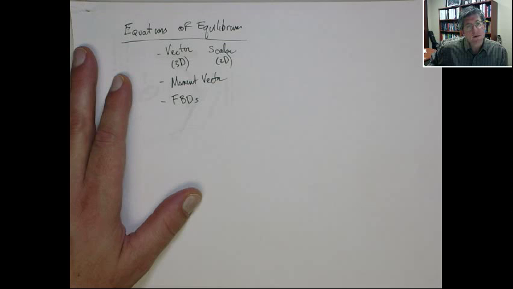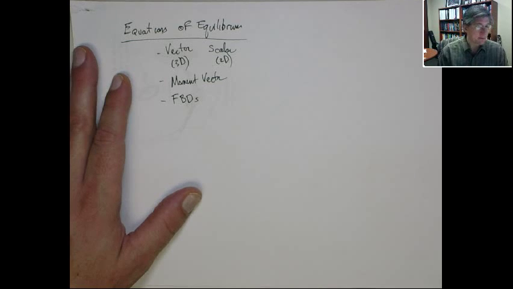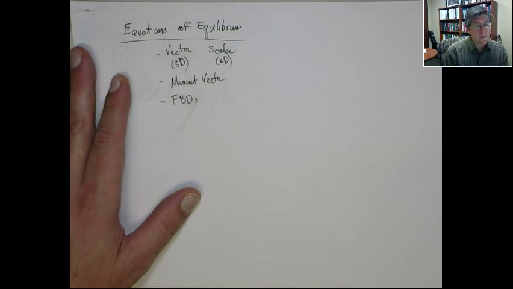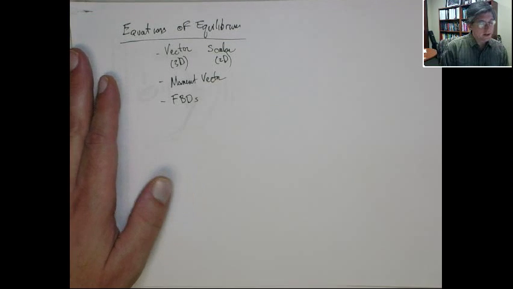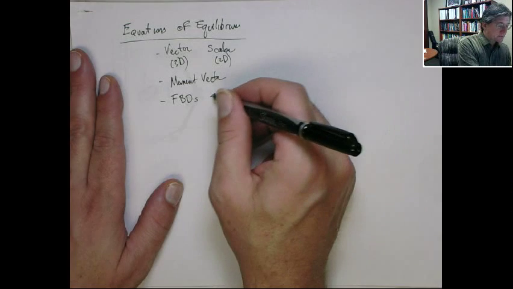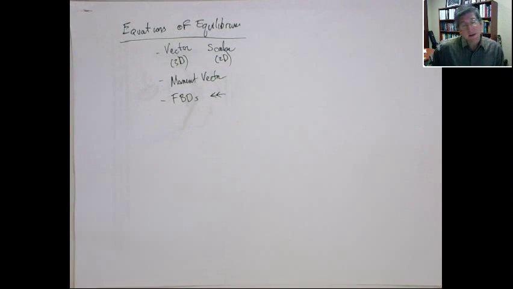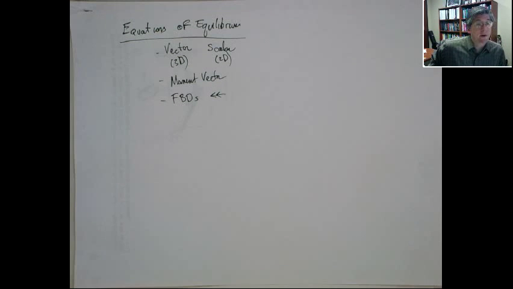So if you are comfortable writing equations of equilibrium, and you're also comfortable drawing correct and clear free body diagrams, you'll have a much easier time in this class. If you struggle with this, I guarantee you it will only hurt you in this class. So I cannot emphasize enough the need to be able to draw correct free body diagrams. I'll talk about what's a correct free body diagram.